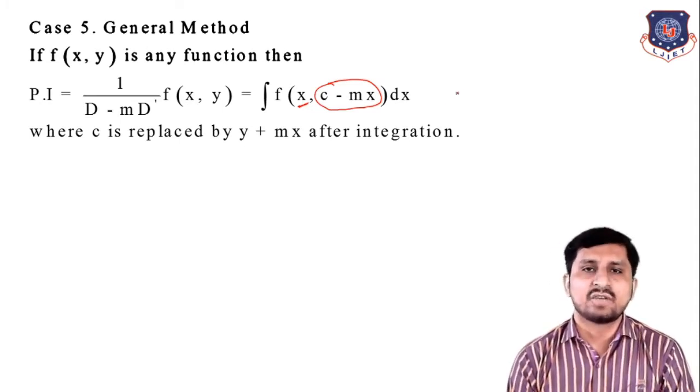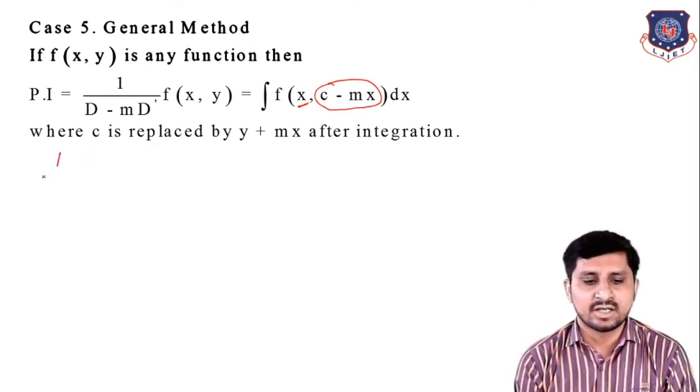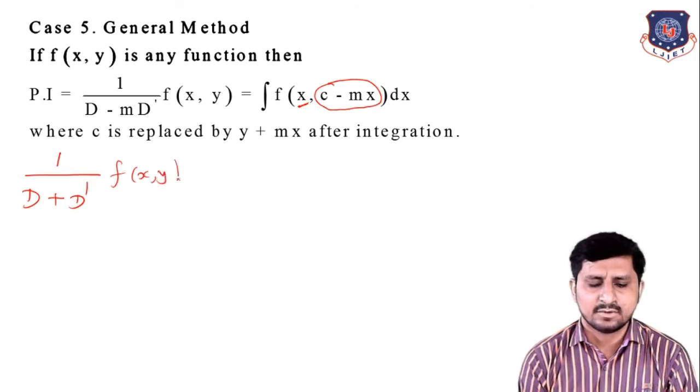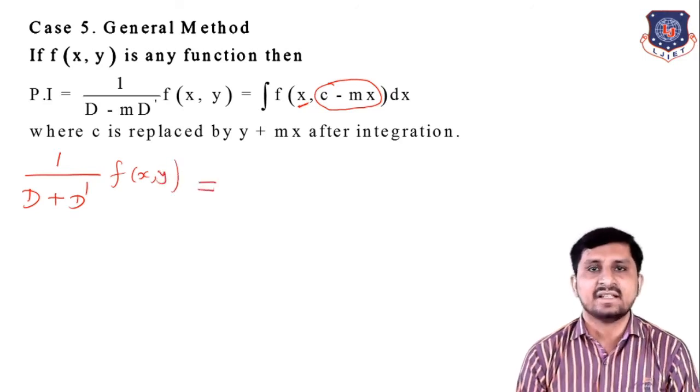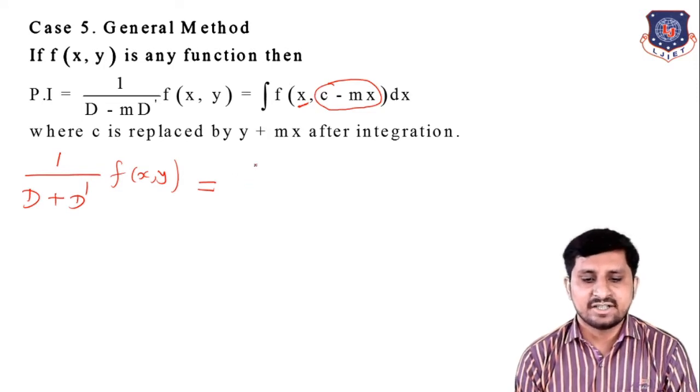Let me give you one or two examples. Suppose your function is 1 upon D plus D dash on f of x y. In that case, what is your integration?